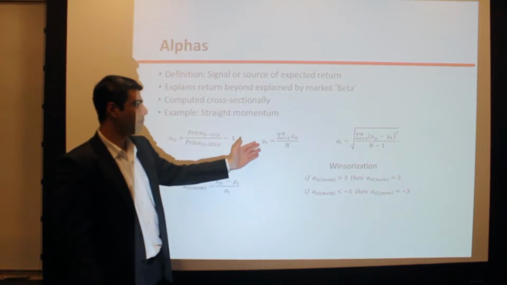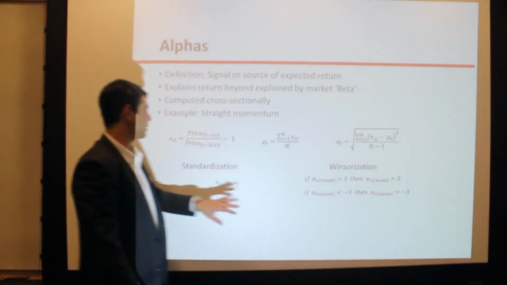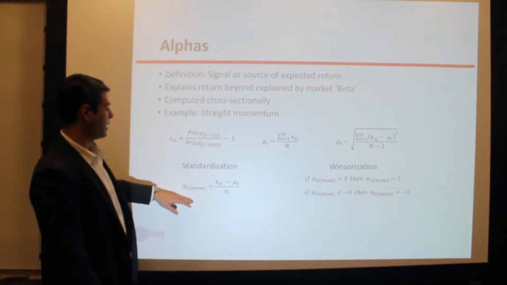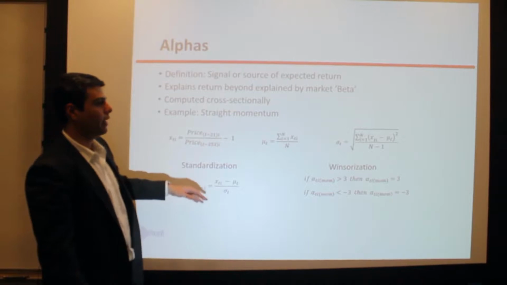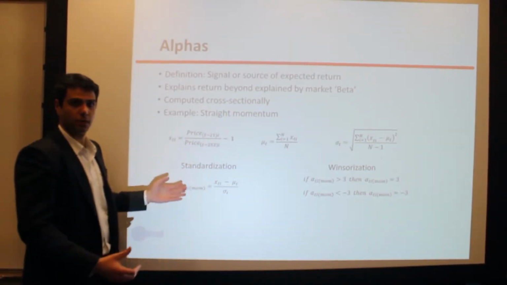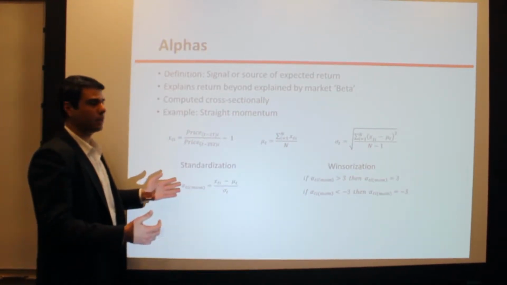We take the cross-sectional mean and the standard deviation, and we standardize this raw signal cross-sectionally for any given point in time. Then we get a z-score for this raw signal, with a mean of 0 and a standard deviation of 1.